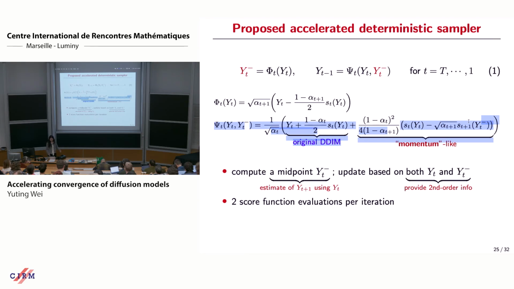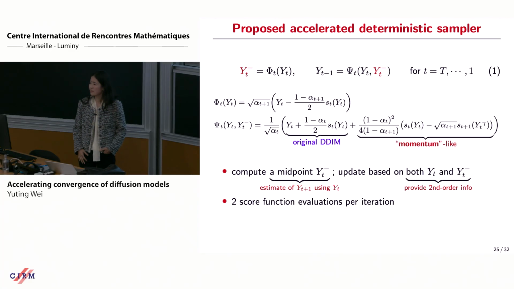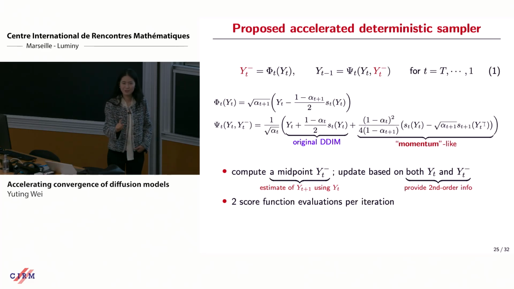But you can see that it requires an additional evaluation of the score function, where you need to evaluate your score function at YT minus 1. Any question about this procedure? Is it somehow related to higher order schemes? Very good question. I will talk about that later. It's actually just one form of a higher order acceleration scheme.